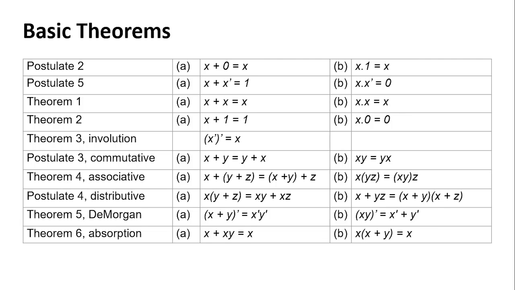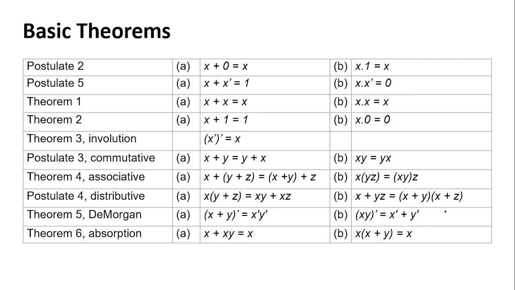One of the postulates that we are all familiar with in Boolean algebra is the postulate that includes the identity element. So this is the one that introduces the identity element in Boolean algebra, and this postulate is: x plus 0 is equal to x.